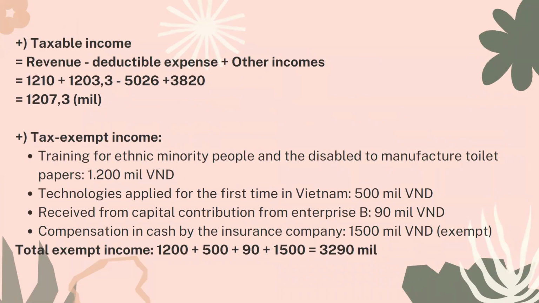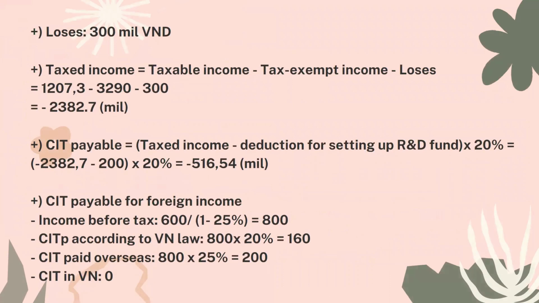So we can calculate the taxable income equal to revenue minus deductible expense plus other income, equal to 1,207.3 million. Next we calculate the total exempt income, equal to 3,250 million. In 2020, Tiền Hiếu has a loss of 300 million.